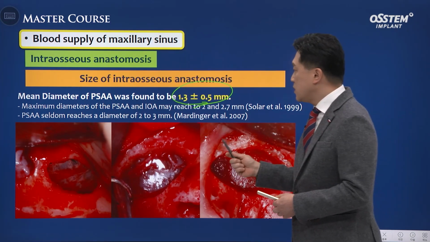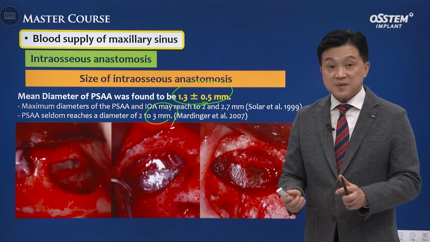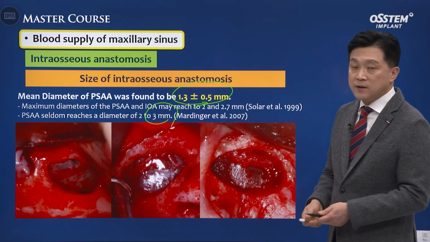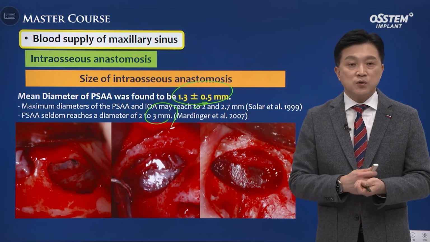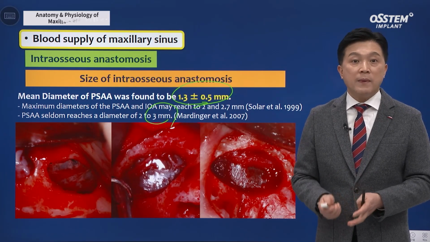It is rare, but at times the size can increase up to 3 millimeters. It can be of significant size as shown. The artery size is important because if the size is big, then if there is damage, the amount of bleeding will increase.